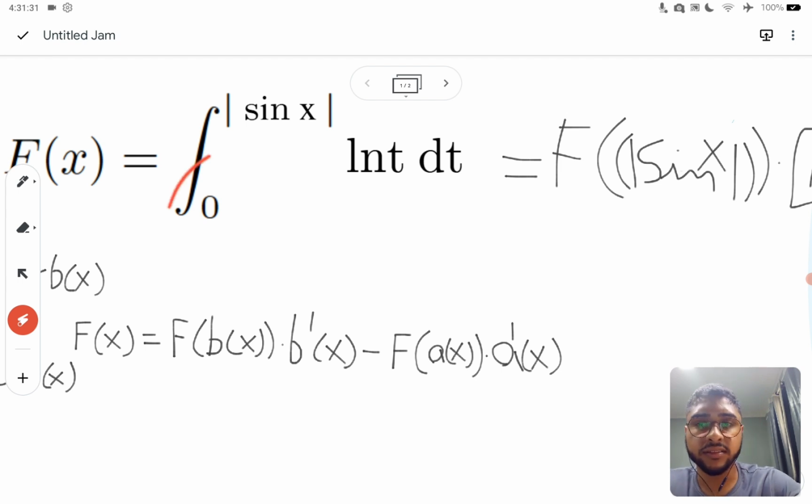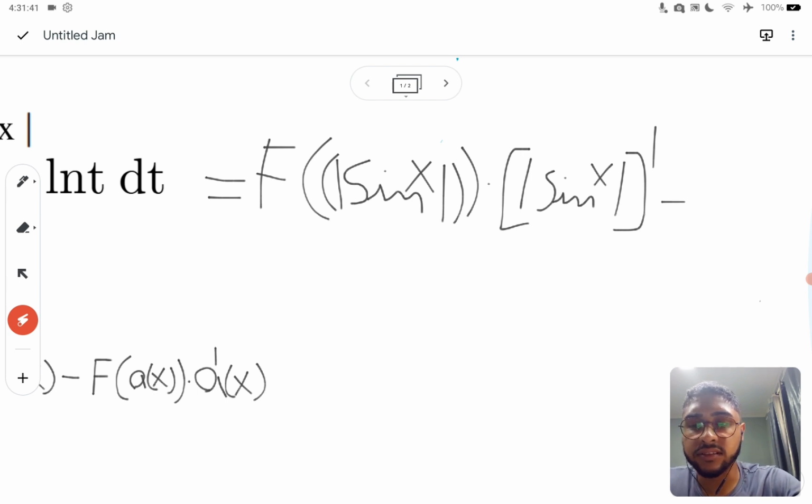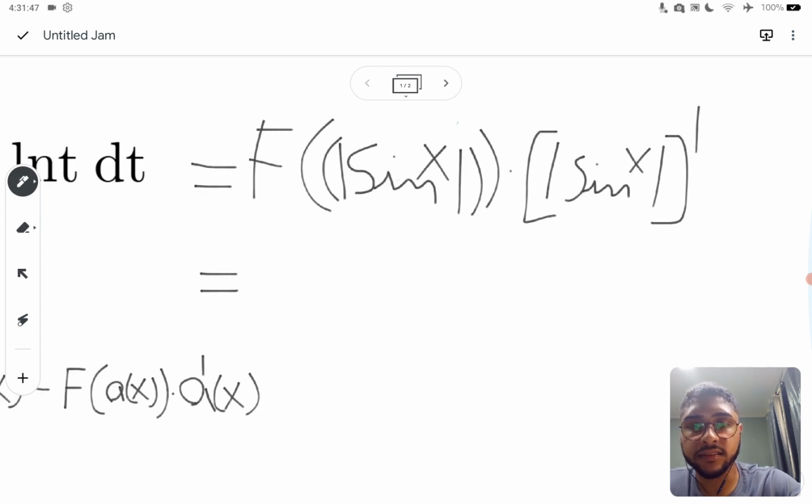If you look, the derivative of 0 will be 0 also. Then this whole thing vanishes, and we don't need to consider it in our count.